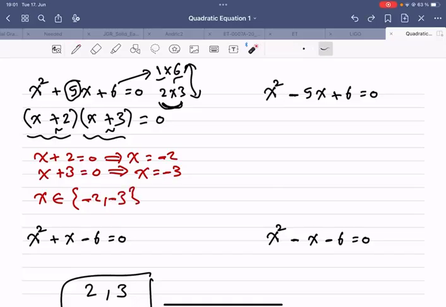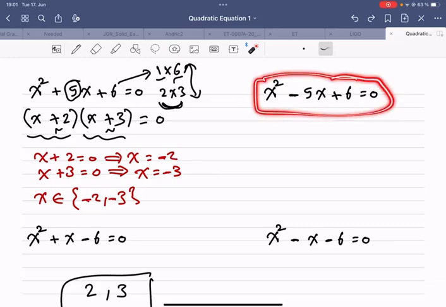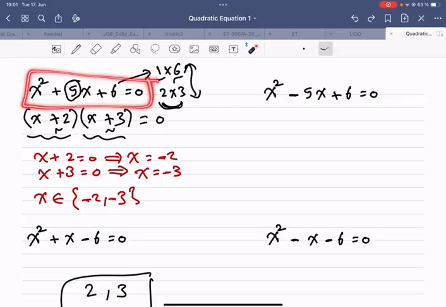Next example is this. The main difference between this example and the previous one is that the middle term here is negative and there it was positive. What is the meaning of this?